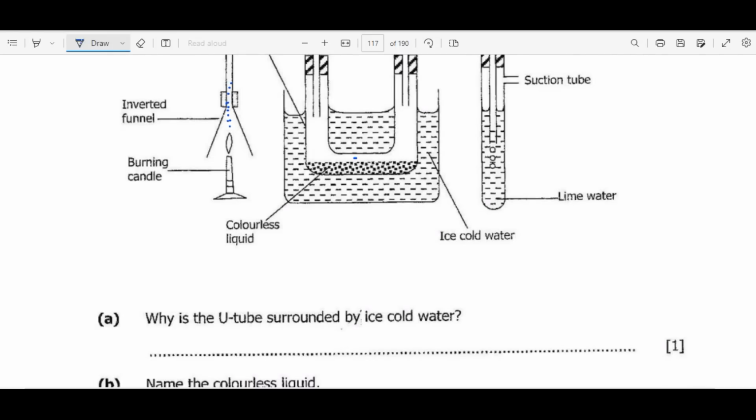So the first question is, why is the U-tube surrounded by ice cold water? So let's look at the products that we would expect to have whenever the candle burns. The compounds that we have in the candle are organic compounds such as the hydrocarbons.